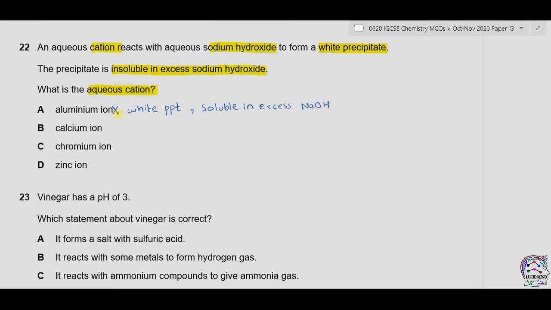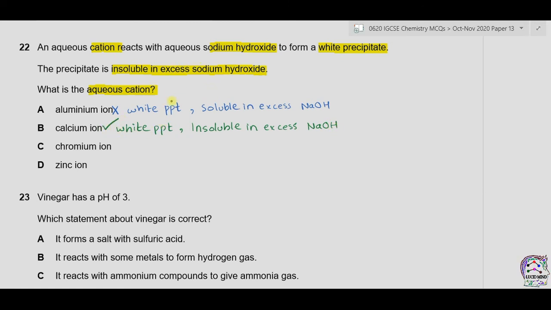So it is not A. B is calcium ion. Calcium ion also forms a white precipitate with aqueous sodium hydroxide, and the precipitate is insoluble in excess NaOH. So it could be B.